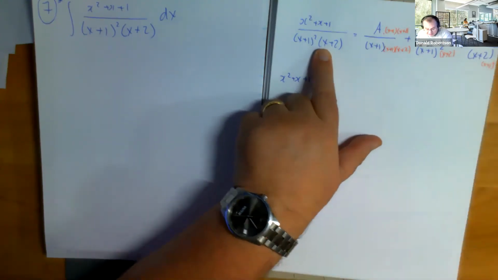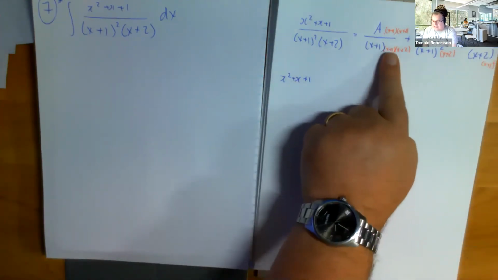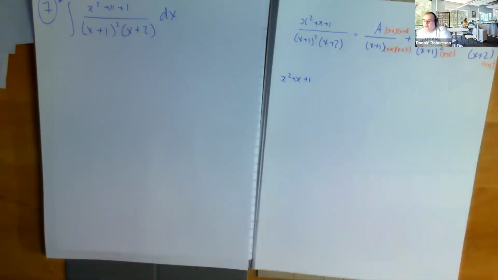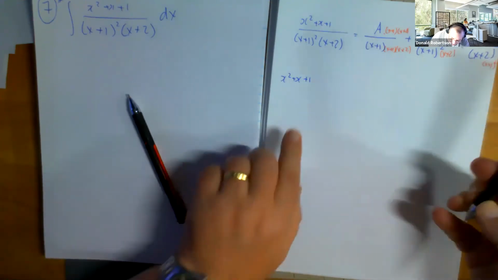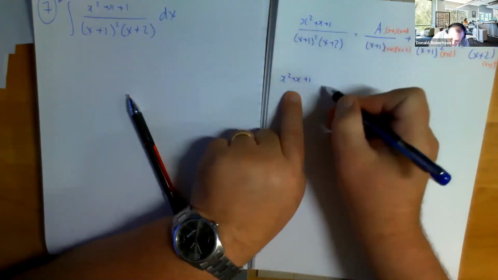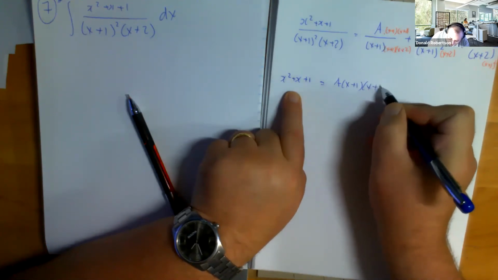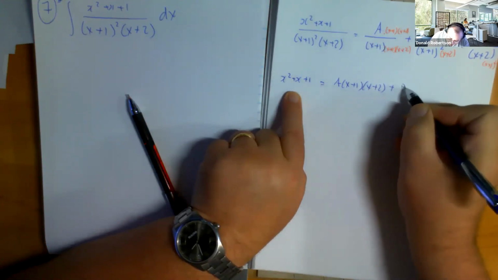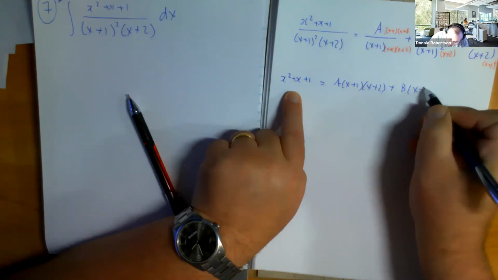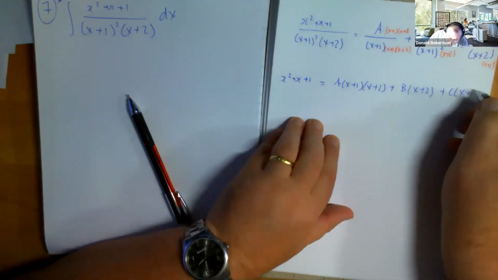Are you happy about the extra bits that each one gets? You get the bit you don't have. So that tells me that the top is equal to A, x plus 1, x plus 2, followed by B, x plus 2, and followed by C, x plus 1 squared.